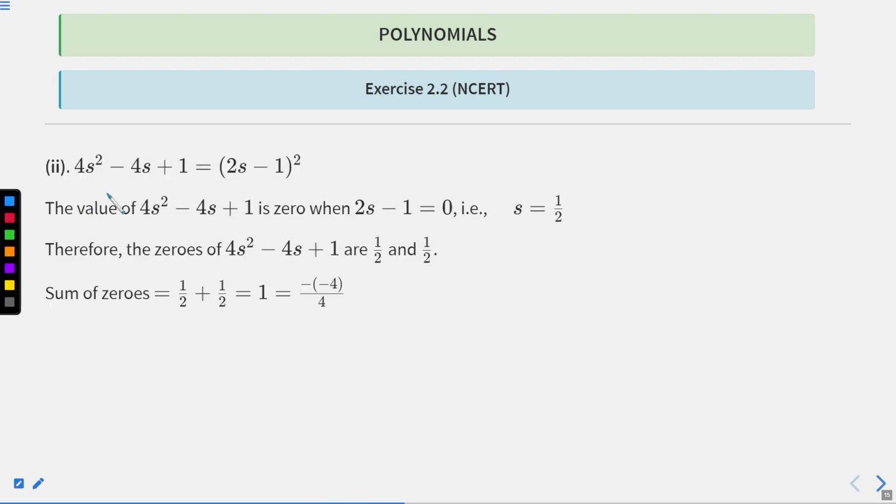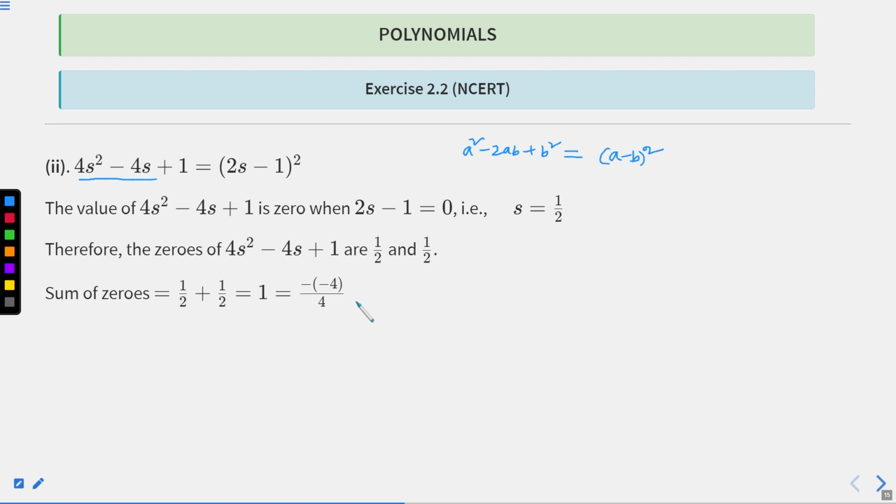Here we can write this quadratic polynomial as 2s minus 1 whole squared. Basically, this polynomial is in the form a squared minus 2ab plus b squared, which is equal to a minus b whole squared.